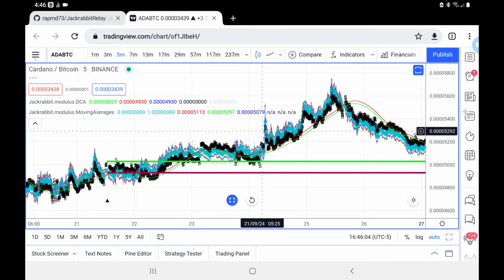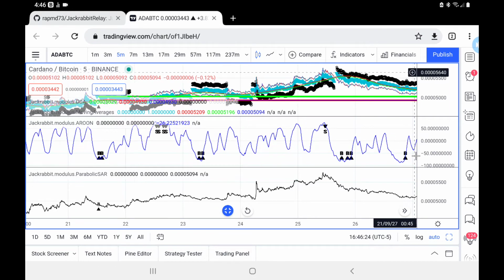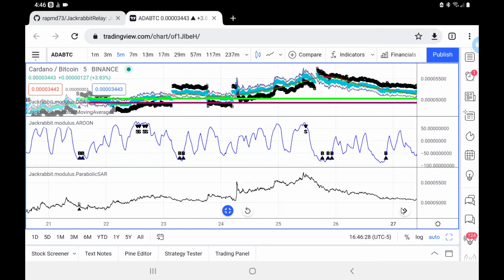And here's our first purchase. September 21st. So almost a month, and we have a clear case here of being in profit. So now let's look at the other indicators. And what do they bring to the table?